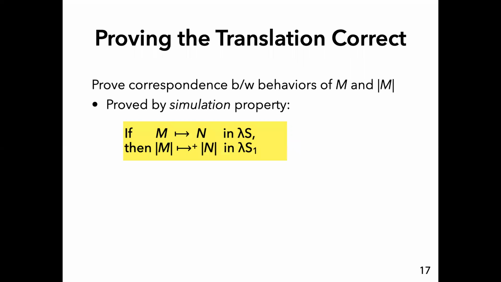We need to prove correctness of the translation. We prove correspondence between behaviors of M and translation of M. This correspondence is straightforwardly proved by the simulation property.